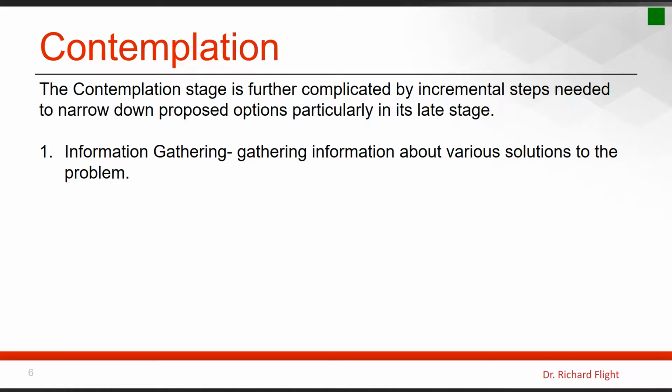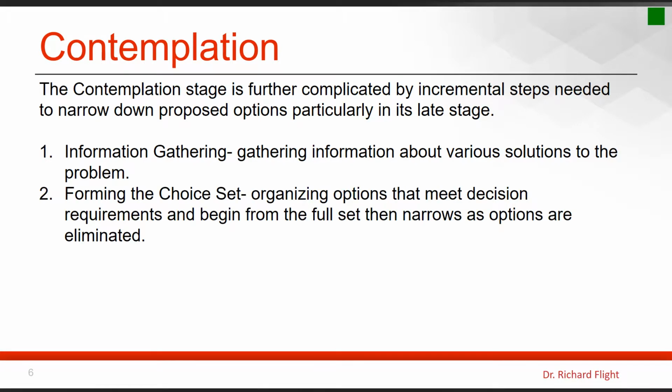They're gathering information, learning about the various solutions that could solve their problem. They're forming what we call a choice set, which are the options for them that meet their decision requirements. And again, it often begins with a broad set and then is fairly narrow at the end, maybe 2 or 3 options.